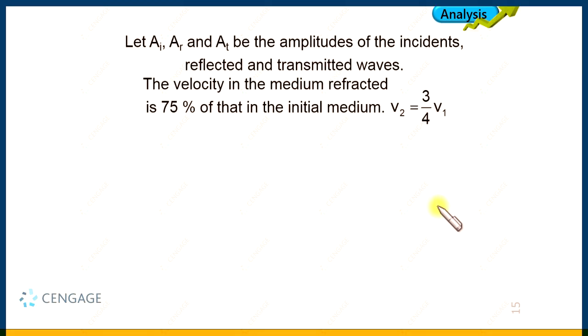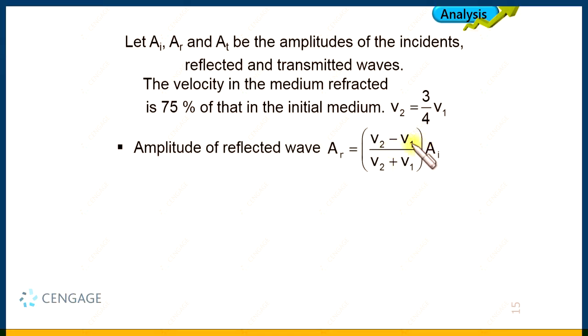Now, remember the formula for the amplitude of the reflected wave, that is AR equals (V2 minus V1) divided by (V2 plus V1) multiplied by AI. This is the expression we have derived, right. Now, we can write this expression in terms of V2 by V1. Let us take V1 as common.